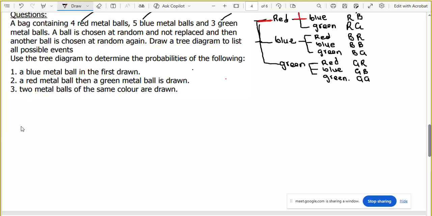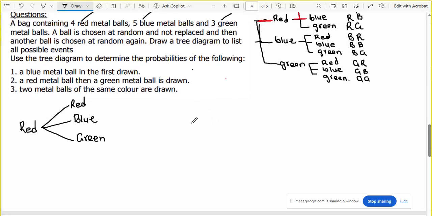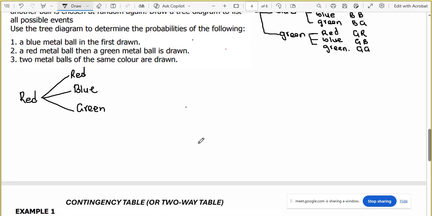This thing is set. It's either we get red, which will go with red, blue, and green, or we get blue that has red, blue, and green.